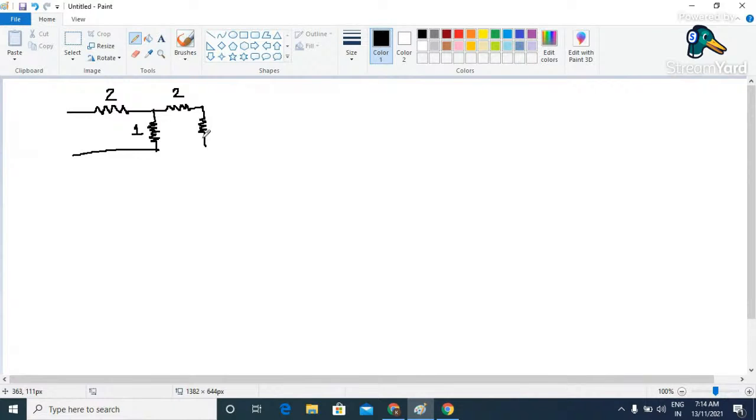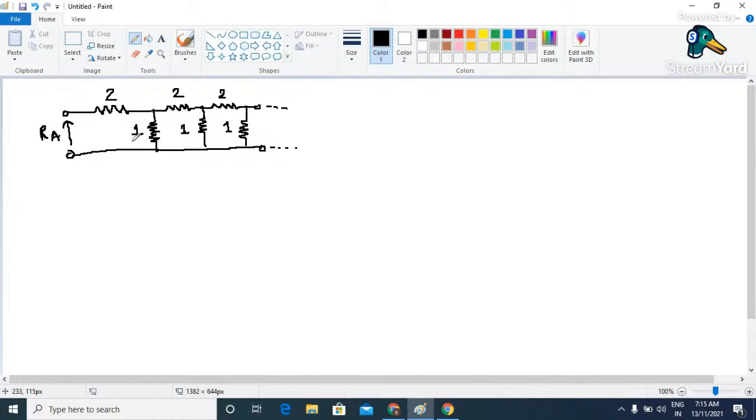Again we have 2 ohm, and we have 1 ohm. In the same way, the circuit keeps on repeating up to infinite. And here we have RA, which indicates the effective resistance across these two terminals.